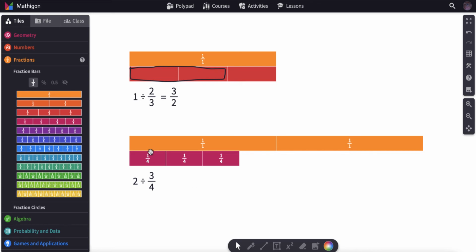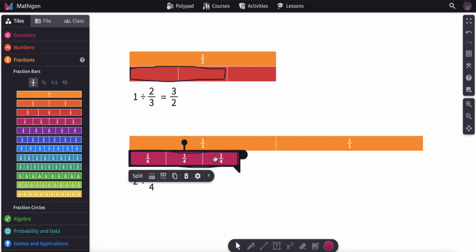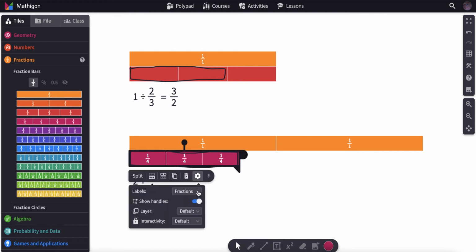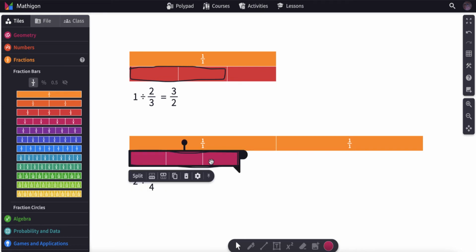And so here's our 2 and here's our 3/4. So in the same way we've done before, we're dividing the 2 by this 3/4, this whole piece. And so when we do that, I'm going to get rid of the fraction designation so I can just see the size of the piece here.